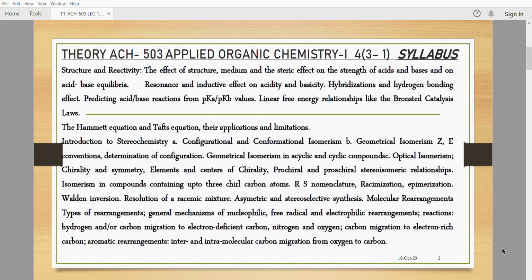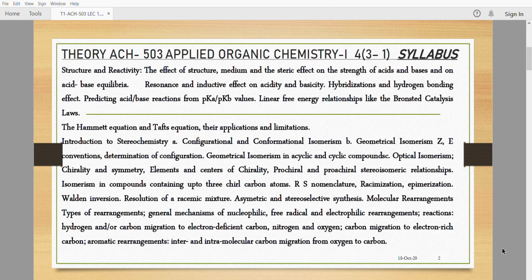You will study types of rearrangements, their mechanisms, either nucleophilic, electrophilic, or free radical reactions, and then migration of carbon or hydrogen to an electron deficient as well as to an electron rich center.